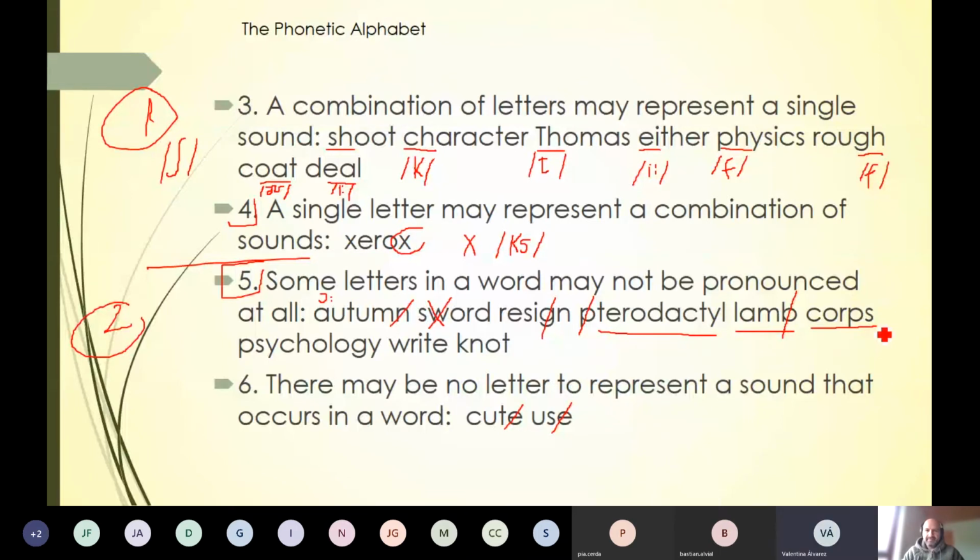With a long O, maybe? With a long O, exactly. And we have a long O, and how do you read this? Corpse, maybe? We didn't say the R.